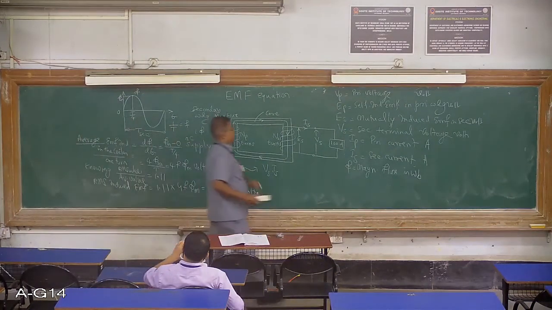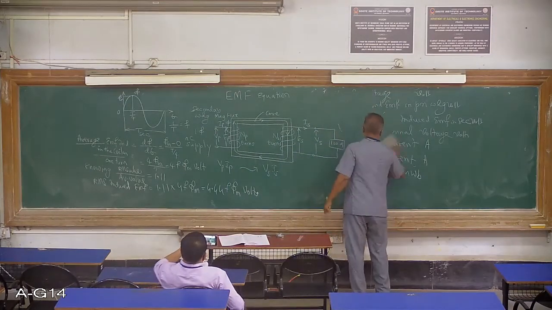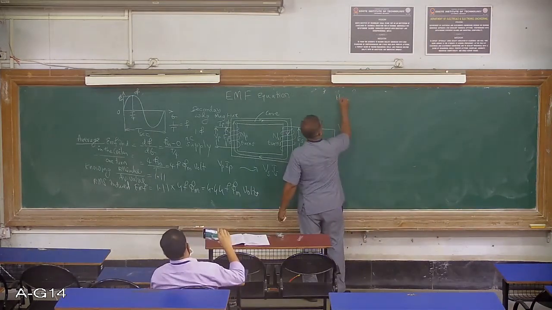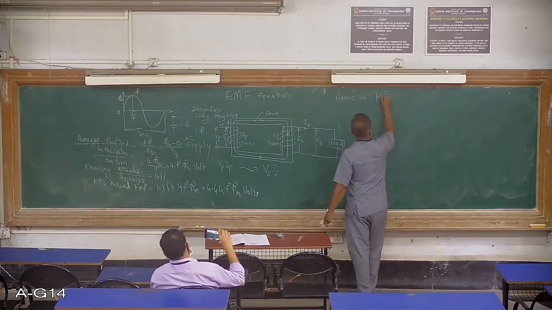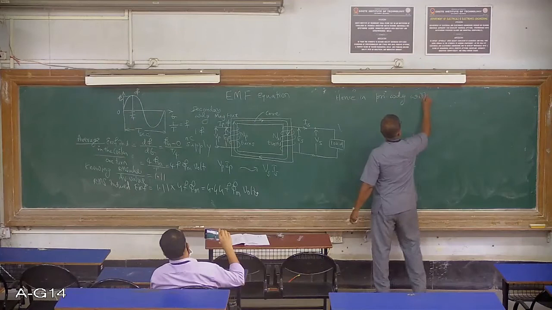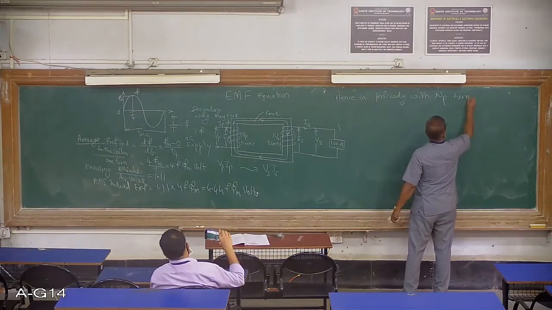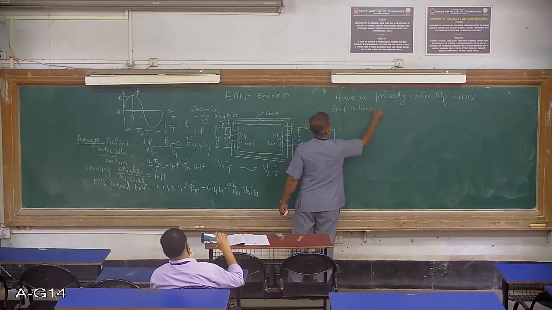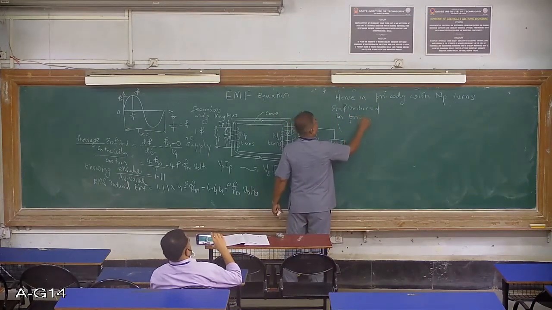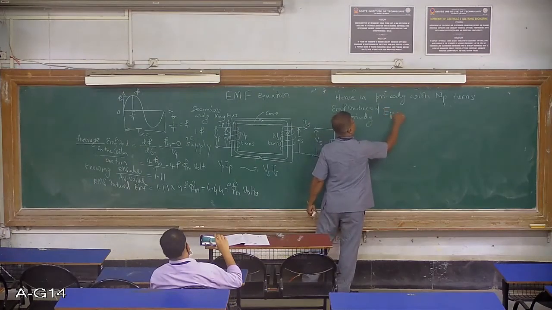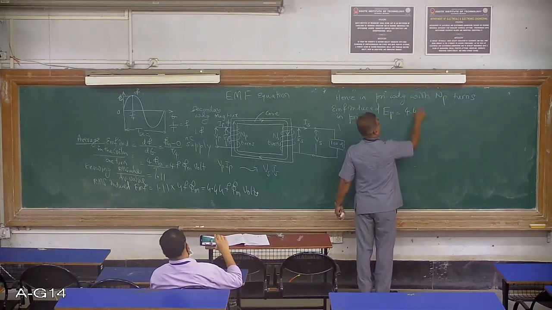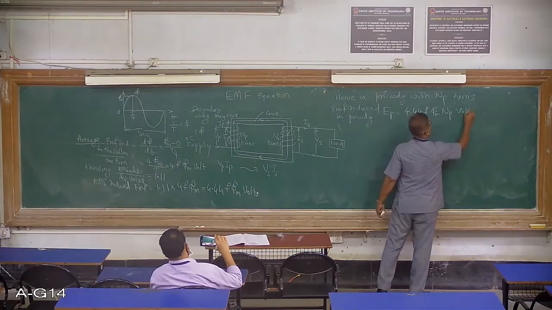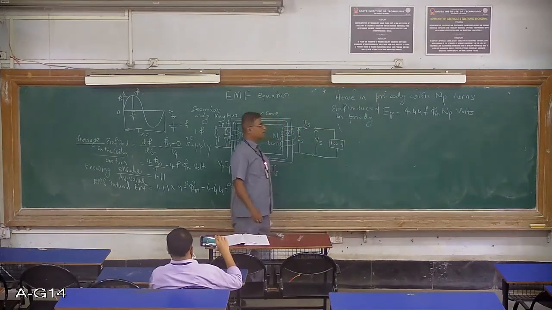If you consider the primary winding having NP number of turns, hence in the primary winding with NP turns, the EMF induced in the primary winding, EP, is equal to 4.44 F phi m NP volts RMS.